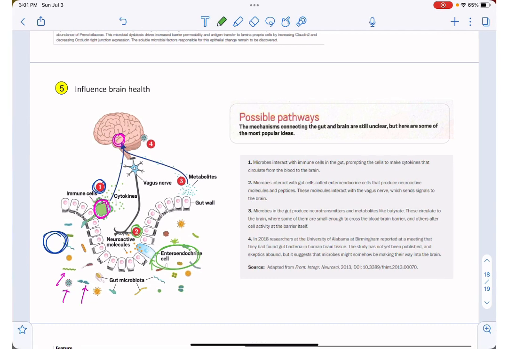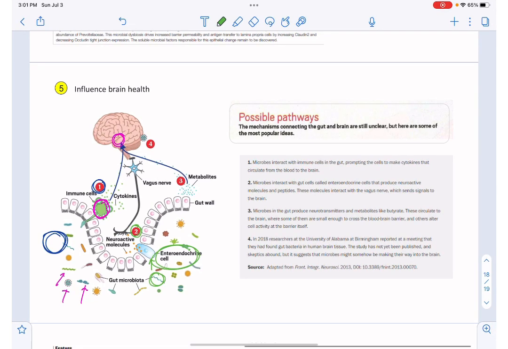And what they're saying is that the gut microbiome can interact with these enteroendocrine cells. These cells produce these molecules as a response, and then these molecules can actually enter the vagus nerve, cranial nerve 10, and they can follow that cranial nerve all the way back up to the brain and gain access to the brain that way, these neuroactive chemicals.